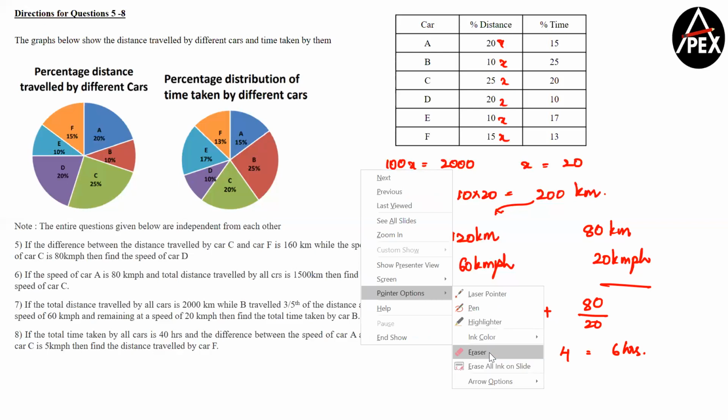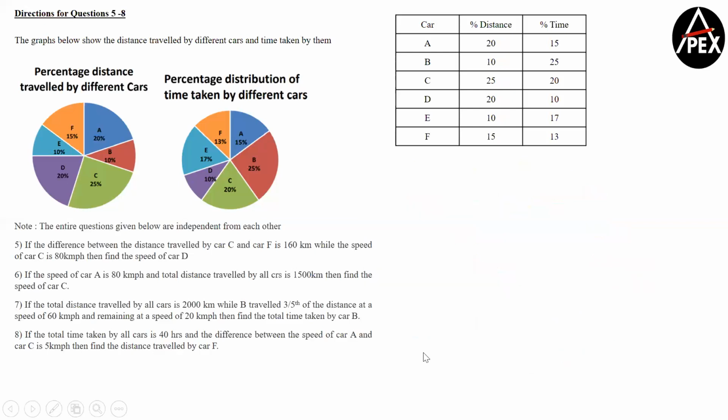So why I did not make the complete table is because it is given that all the questions are independent. So for every question you will be having a different case. Now in question number 8, if the total time taken by all cars is 40 hours, so I assume this as 100t. So 100t is 40 hours.